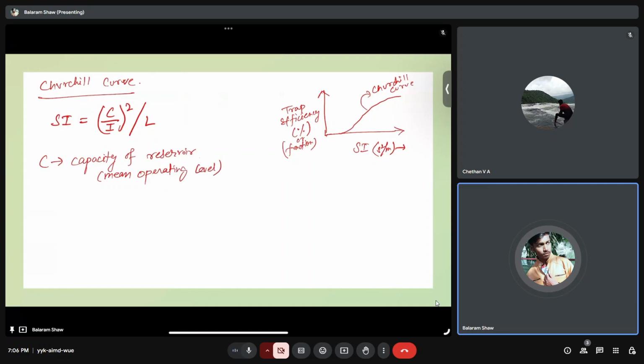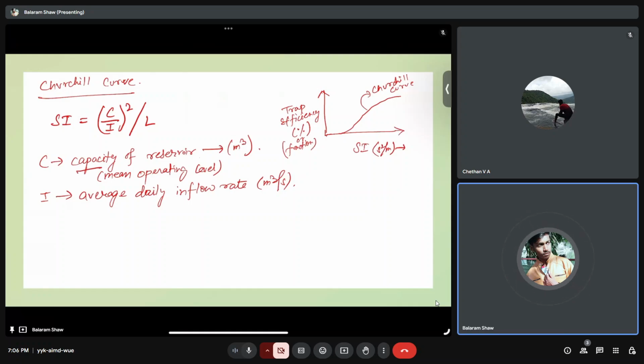Capacity is in volume units, that is meter cube. I is the average daily inflow rate in meter cube per second. So if you divide C by I, what will be the unit? It will be in seconds, right?